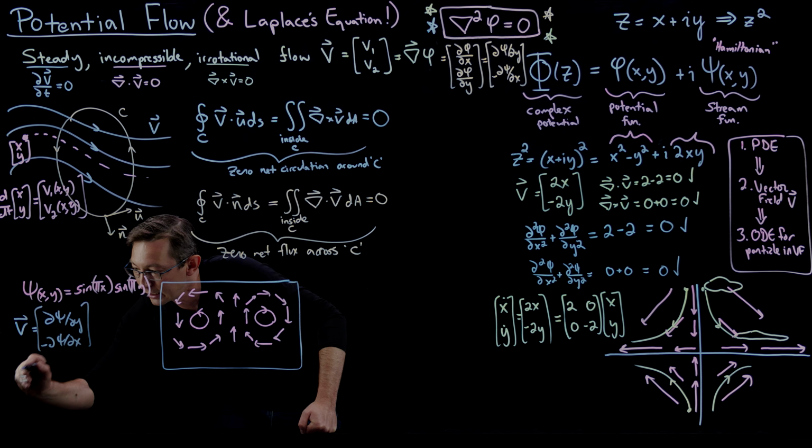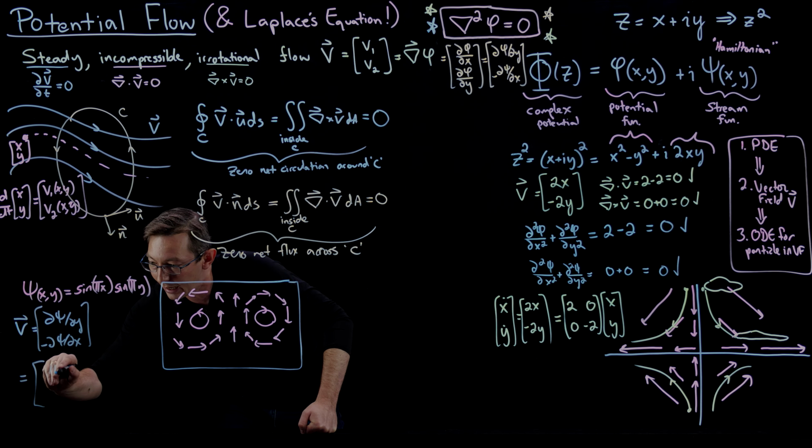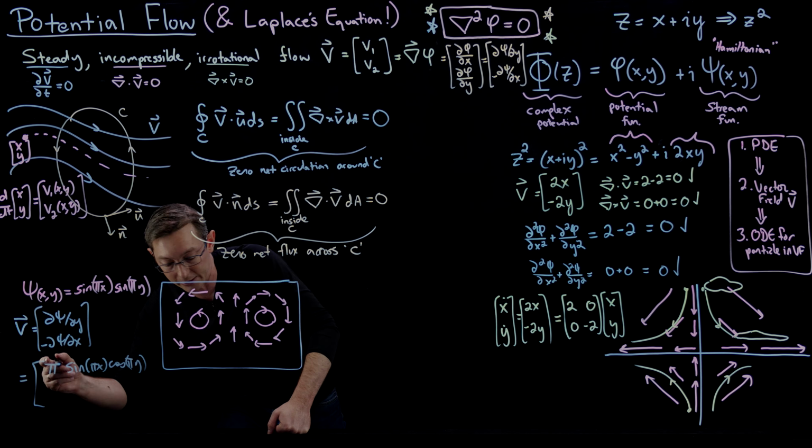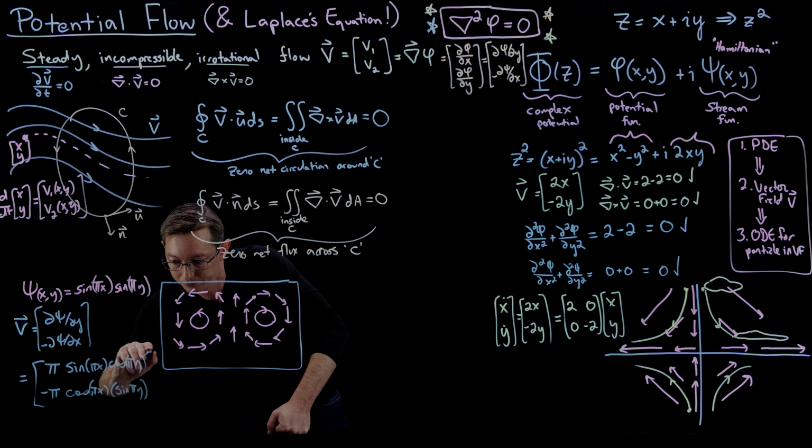And it turns out that equals a vector field where the x component is pi sine pi x times cos pi y, and the y component is minus pi cos pi x times sine pi y.